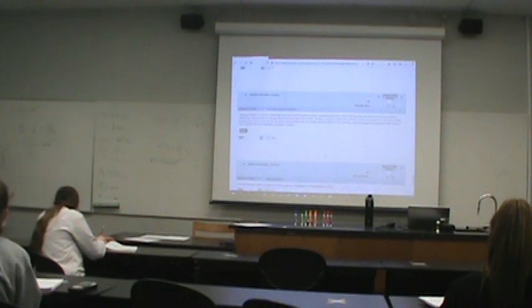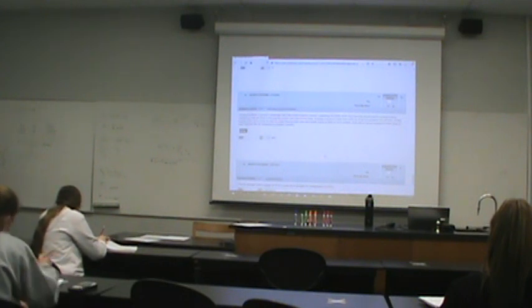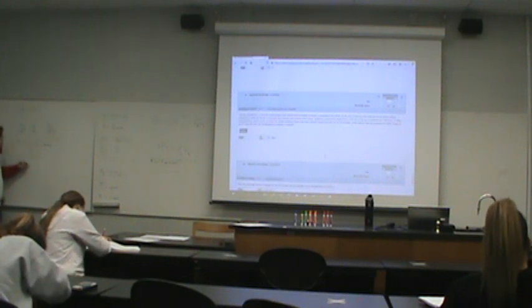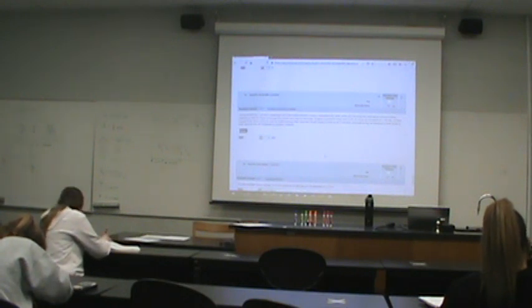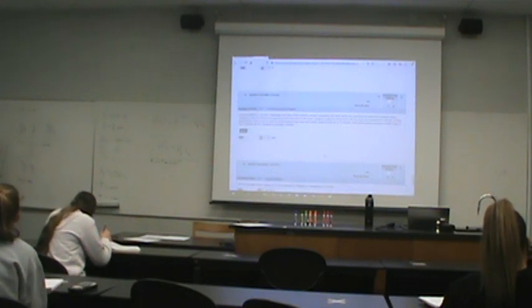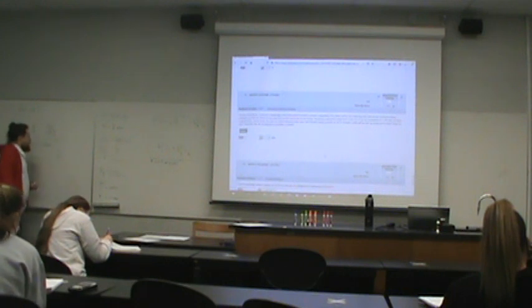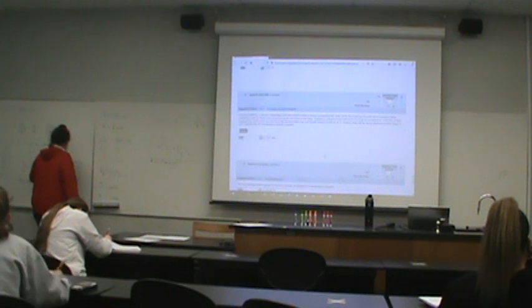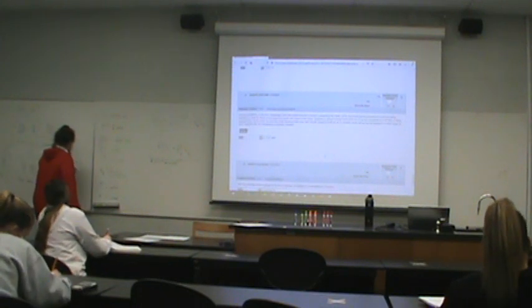Let's say pressure and moles are constant, and that leaves us with just V1 over T1 equals V2 over T2. So this is n and V constant. This is n and P constant. And if, say, n was the only thing constant, that would leave you with P1V1 over T1 equals P2V2 over T2.